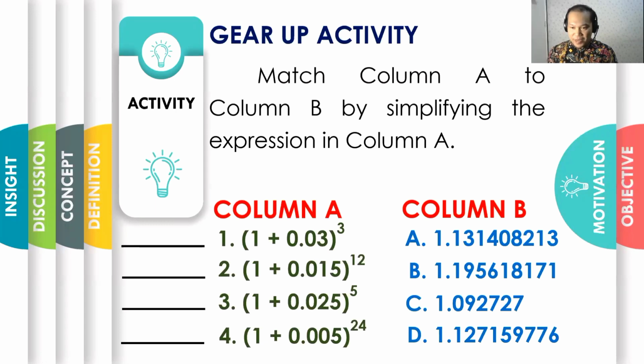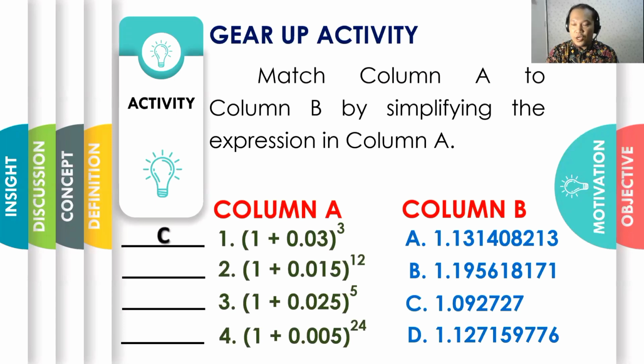Now number one, we have 1 plus 0.03. After that, it will be added. Therefore, we have 1.03, then raised to the power of 3, or 1.03 cubed.